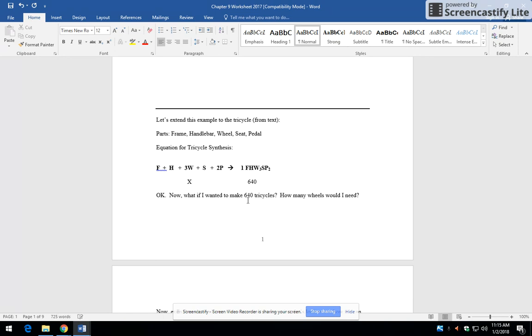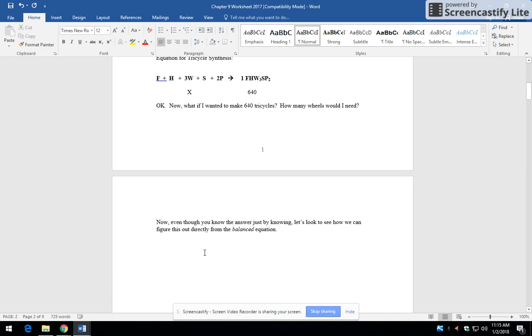And if you see the way that this is set up, it actually is the proportion that you would set up. 3 over x equals 1 over 640. And that will give you the right answer. So that's one way you could do it.